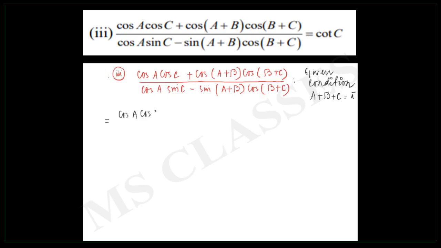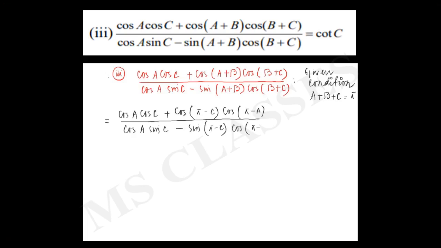So cos a cos c plus cos of (pi minus c) cos of (pi minus c). Here cos a sin c minus sin (pi minus c) cos (pi minus c). Just what we are doing, we are replacing a plus b by pi minus c, b plus c by pi minus a.